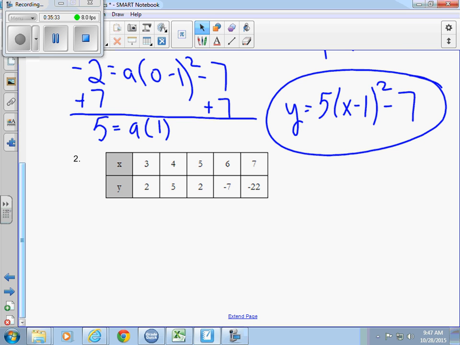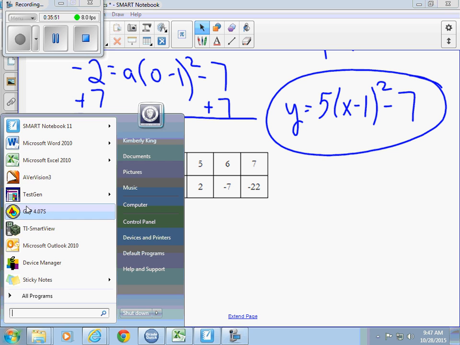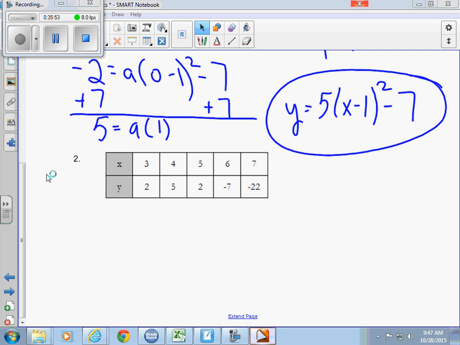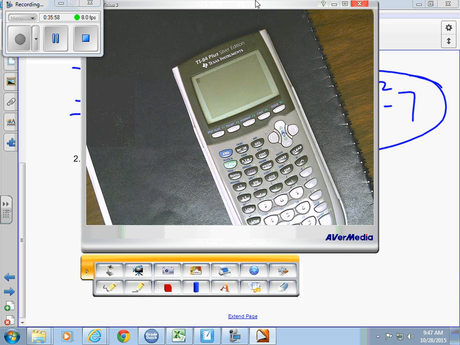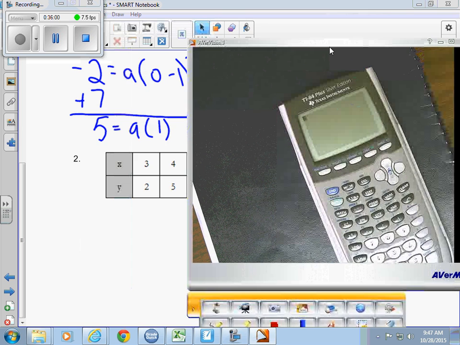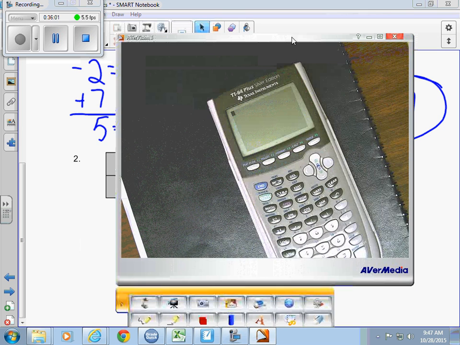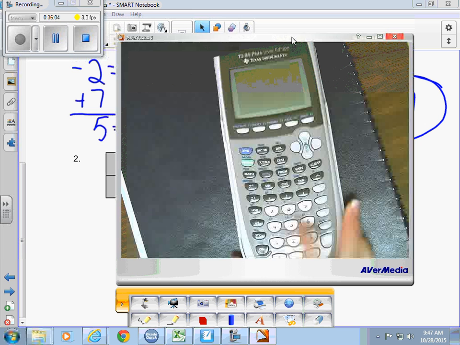Let me show you the calculator, what it can and what it can't do. It can do some helpful things. You might want to follow along with me because it's been a while since we've used our stat button, but it is also a good reminder of how to do that.